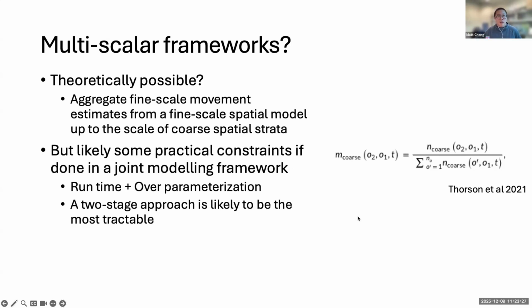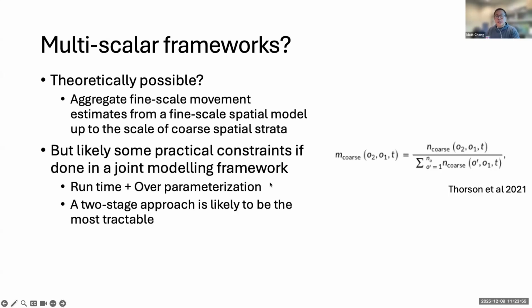So under this multi-scalar framework, a two-stage approach is likely the most tractable, where we have two submodels, and you use the movement estimates from the fine scale model as priors or known values and plug those into your coarse scale population dynamics model.